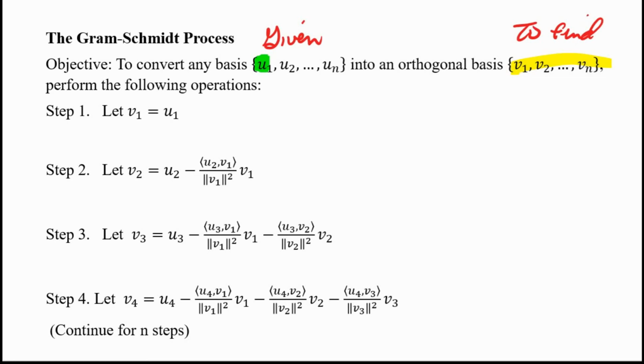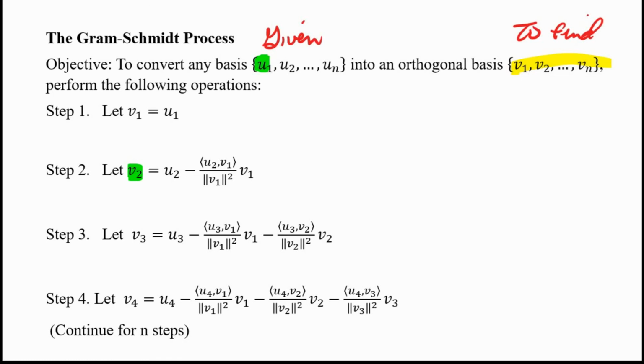And then the process of finding V sub 2 would be U minus the projection. So this is U sub 2, which I'm given, minus the projection of U sub 2 on V sub 1. That becomes just the dot product in the numerator, divided by the norm of V sub 1 squared, times V sub 1.